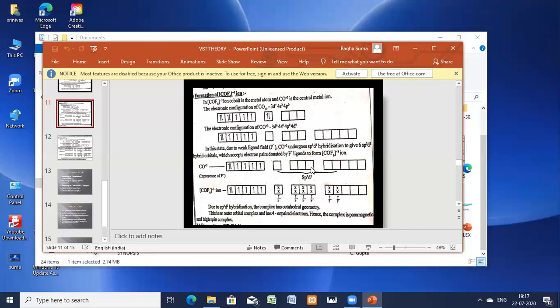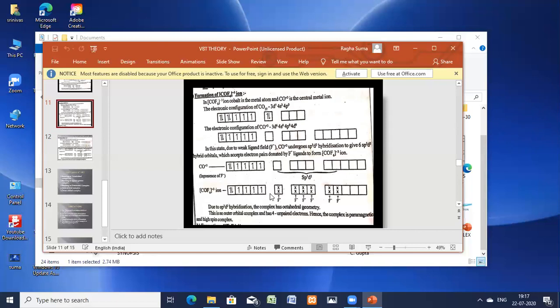So sp3d2 orbitals of the cobalt cation will undergo hybridization. 6 atomic orbitals are involved in the hybridization, and 6 empty hybrid orbitals are formed. Now these are arranged around the central metal atom.